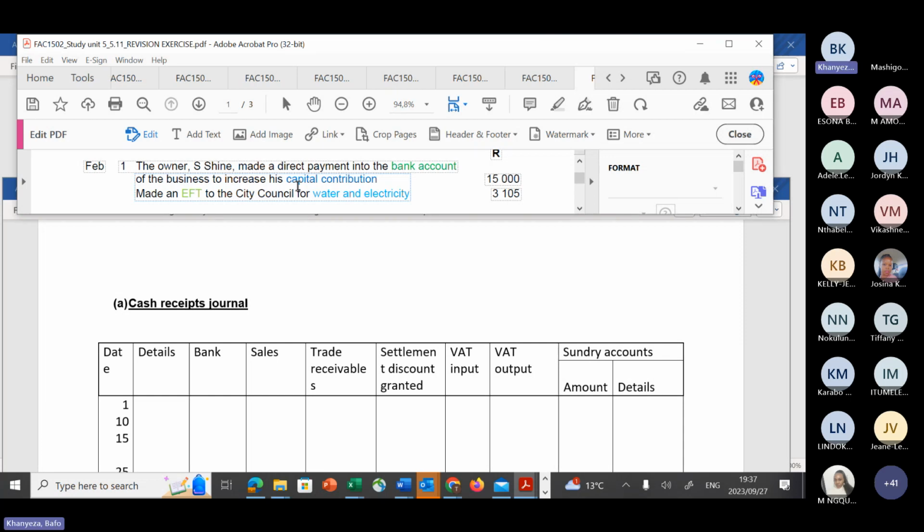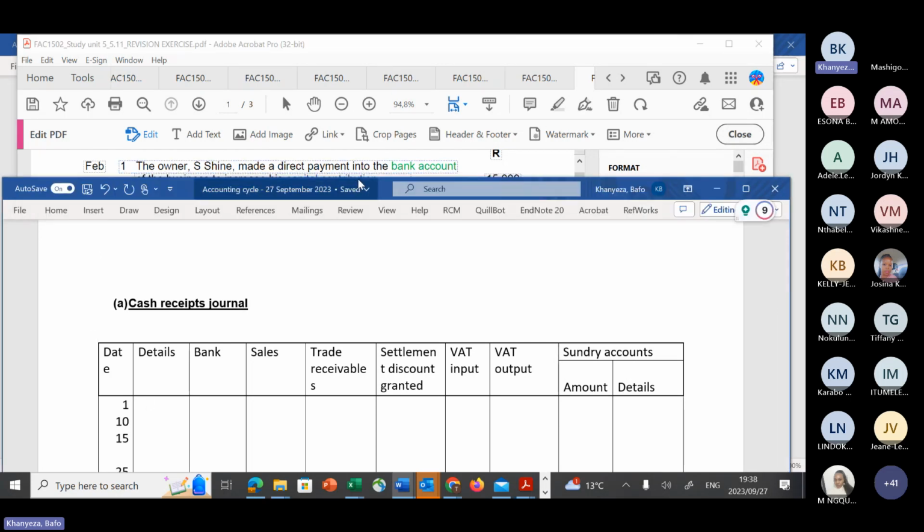We have opened all columns, so now we have to decide where this goes.